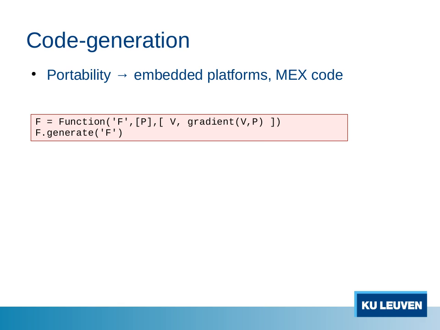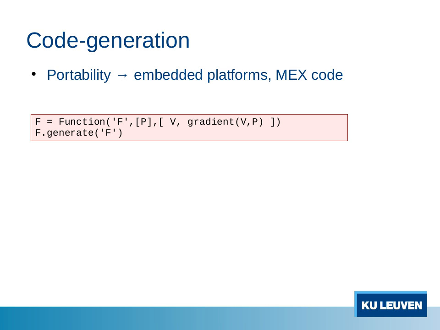A feature that matured in CasADi 3 is code generation. Why would you want to do that? For example, for portability. If you want to solve a problem online on embedded platforms, or if you're working in Python and want to go to Matlab, to some mex file, you can use code generation.